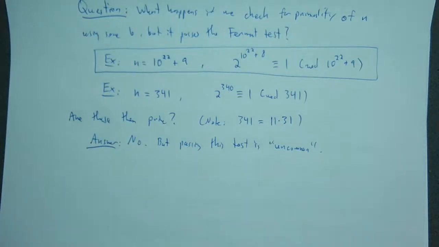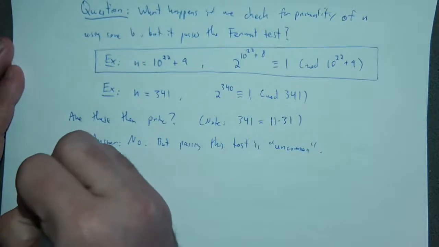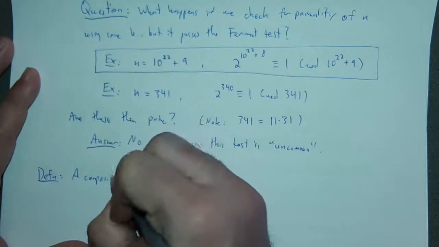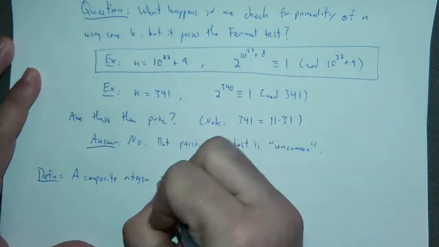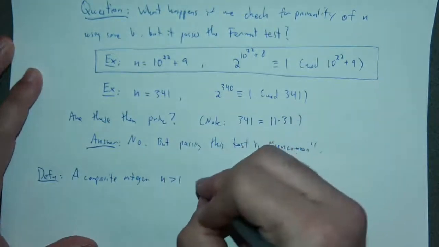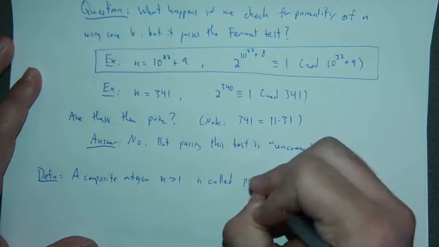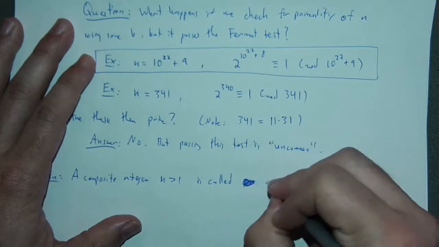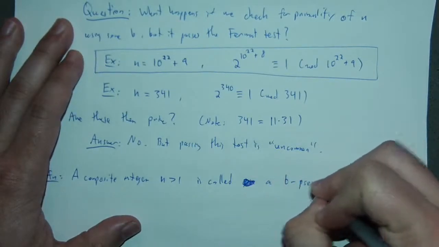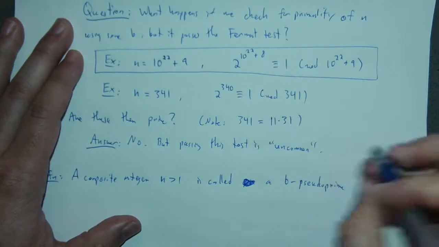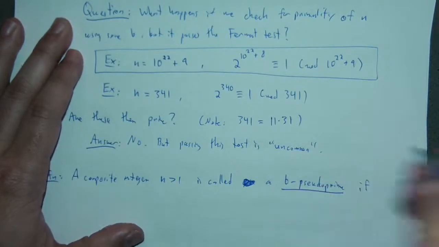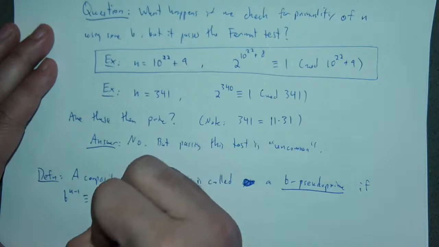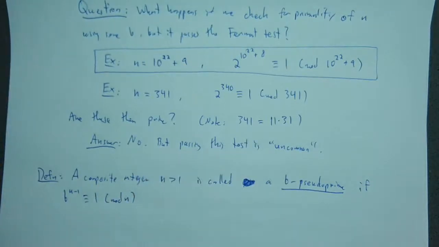So this is uncommon enough that we have a special name for it. So definition, a composite integer n greater than 1 is called a b pseudoprime if b to the n minus 1 is congruent to 1 mod n, but n, of course, is composite.